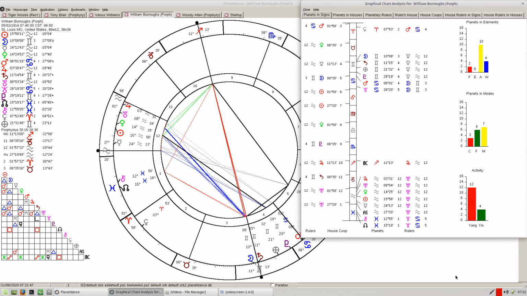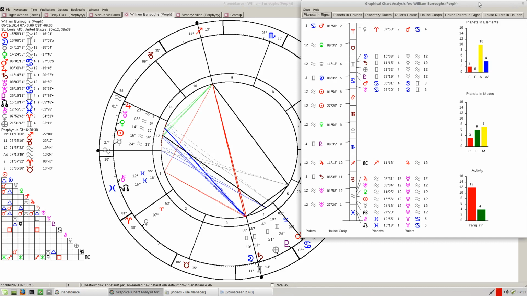On the right hand side of the panel you have graphical data for, in this case, the planetary positions in signs. So we look at the elements: 2 planets in fire. They are the midheaven in Sagittarius, and Lilith, the dark moon, in Aries.